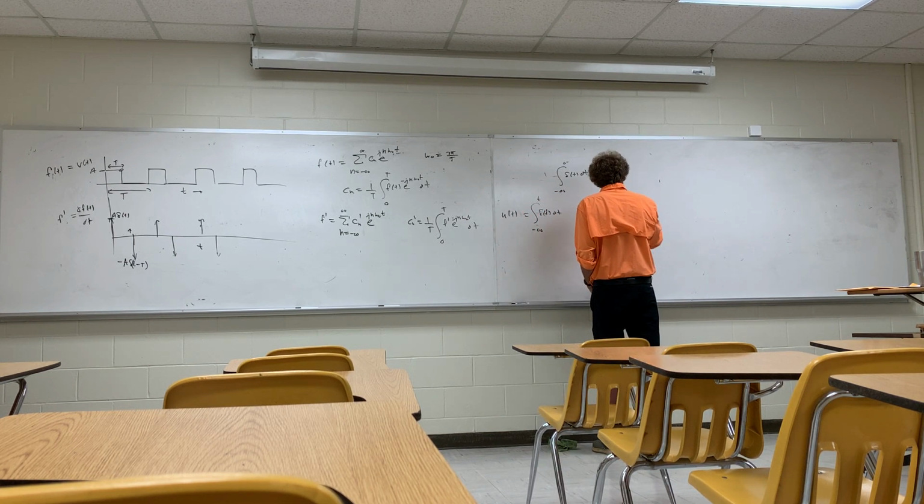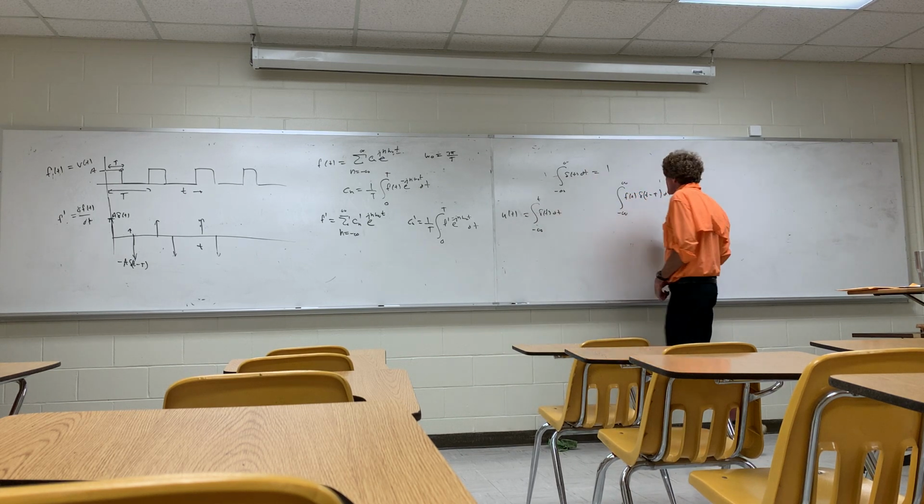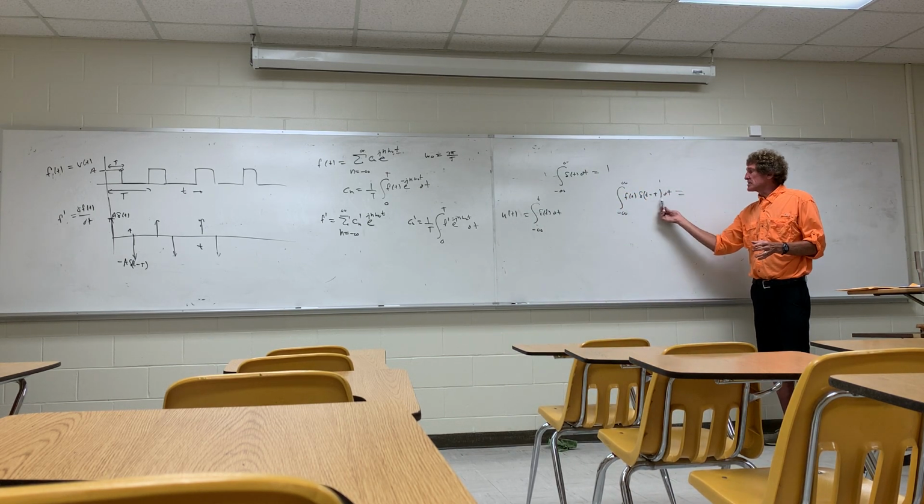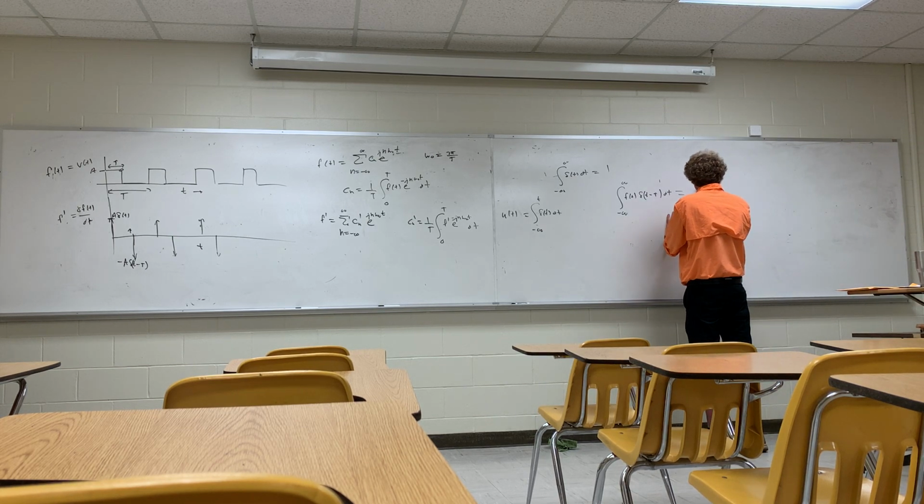So if I have an integral of f of t times delta of t minus tau dt from minus infinity to infinity, I want you to notice something. The delta function itself is 0 for all values of t except at tau. You all follow me? So what I can do is say this is really equal to the integral of f of t times delta of t minus tau, but from tau minus some delta t to tau plus some delta t.